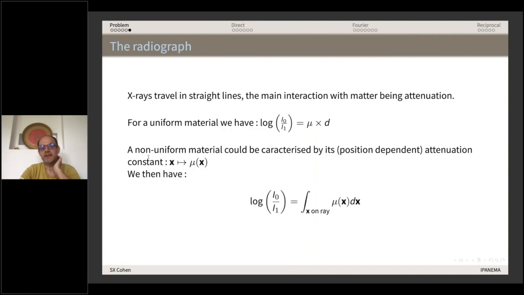But if the material is non-uniform, we can write the same thing as an integral, with a position-dependent density, and the absorbance is going to be the integral, the sum of the small elements of absorbance of all the small parts of the object that we are traversing.